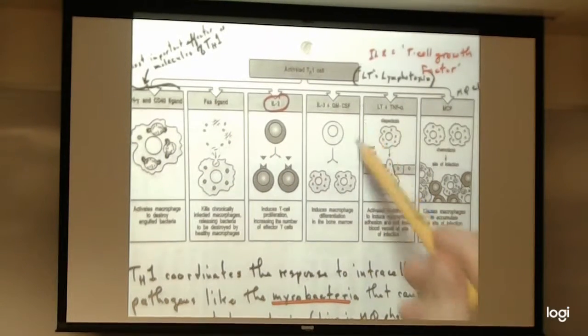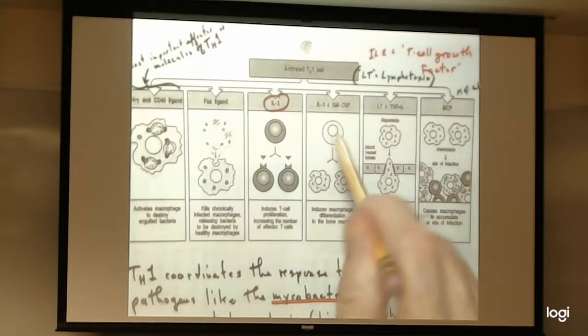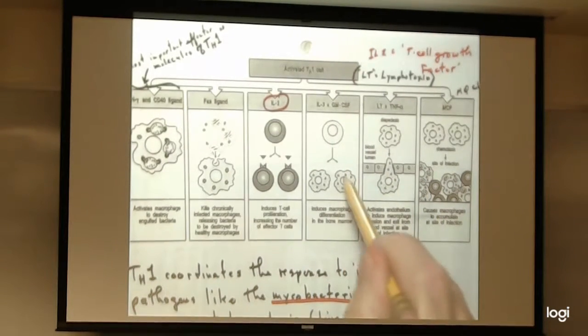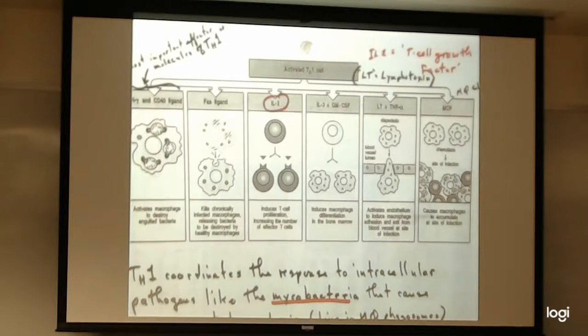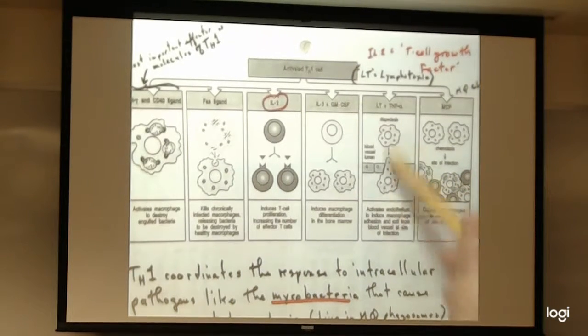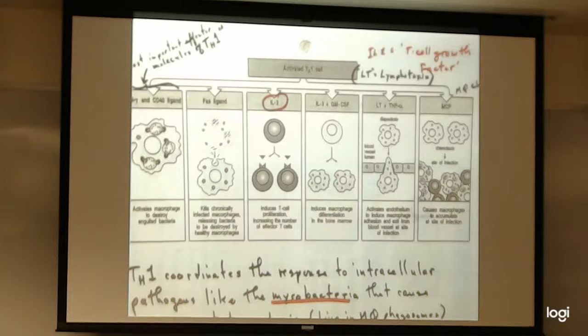They secrete interleukins here, IL-3, and macrophage colony stimulating factor, which induces macrophage differentiation in the bone marrow, so precursors to macrophages develop and we make more macrophages to fight the infection. Lymphotoxin and TNF alpha permit macrophages to come into sites of infection, and there's macrophage chemoattractant protein here.